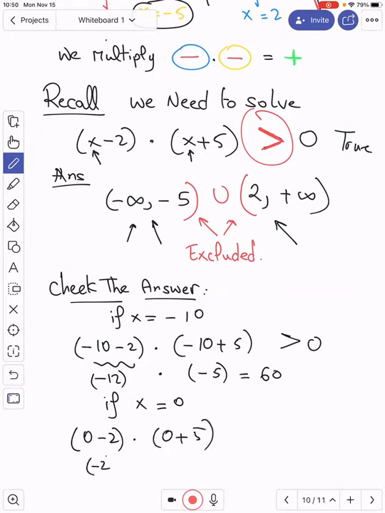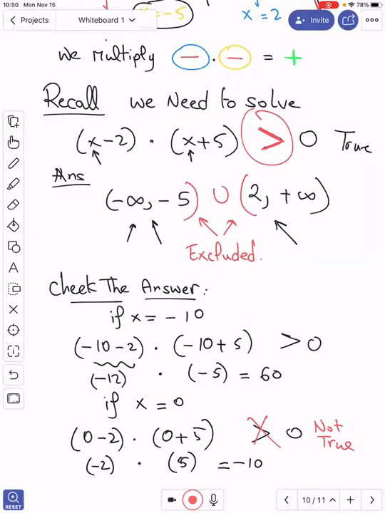This is like -2 times +5. And so the answer would be -10. Okay, so it's not larger than 0. This is negative, so this is not true, of course. So 0 is not a solution.